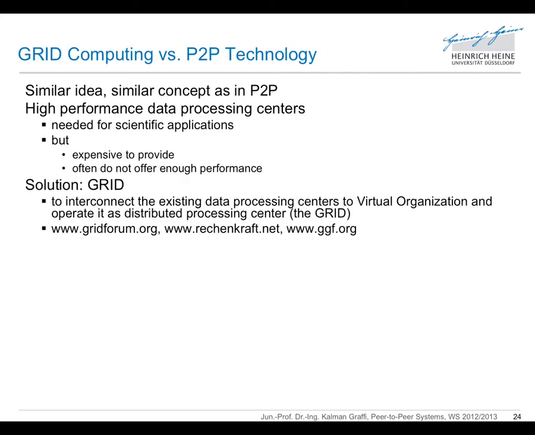Okay. Grid computing was once a topic that has gained some attention. That's also similar to peer-to-peer, because you have distributed sites. What is grid computing? These are high-performance data processing centers, for example for scientific applications like molecule folding. And there you also have distributed sites which provide their resources, so you might have a data storage site somewhere, you might have a computational site somewhere.